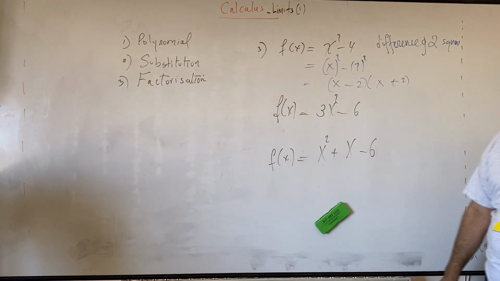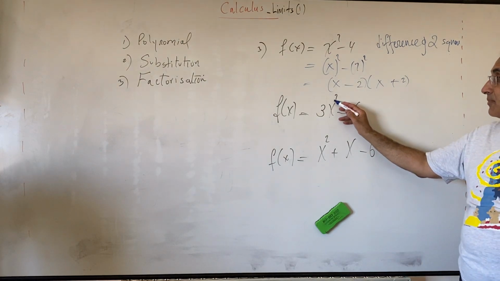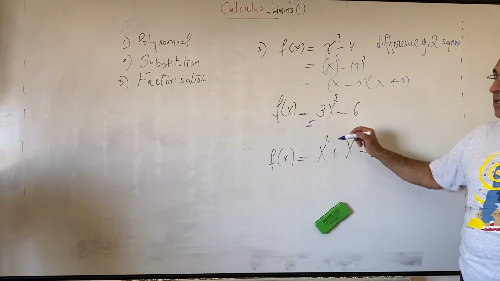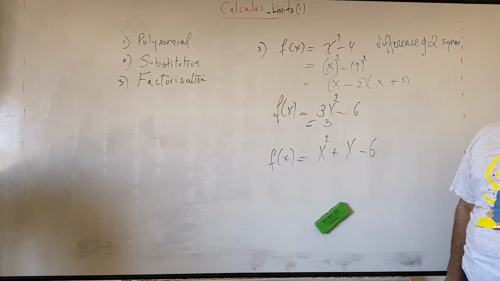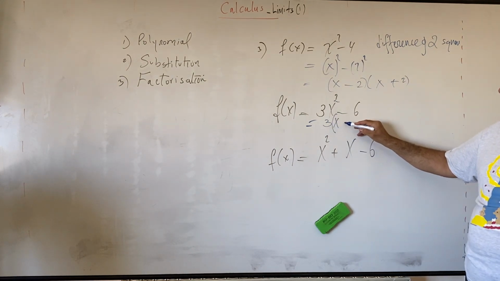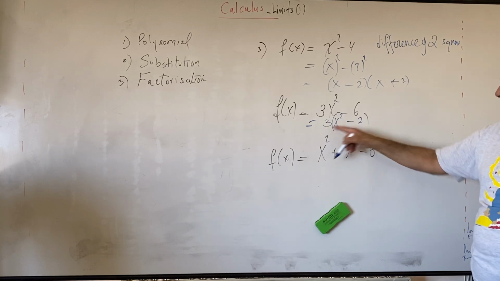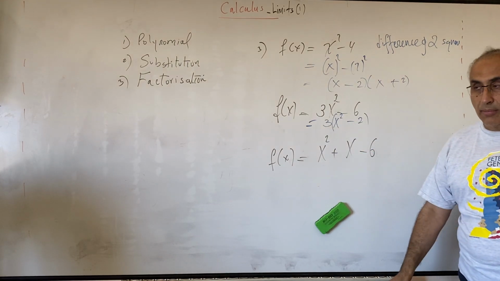That's called difference of 2 squares. How about that one here? Well, there's nothing you can do except you realize something. It's taking the highest common factor 3. So you open a bracket, you put an x squared minus 2. If you expand the bracket, you get the same one on the top.